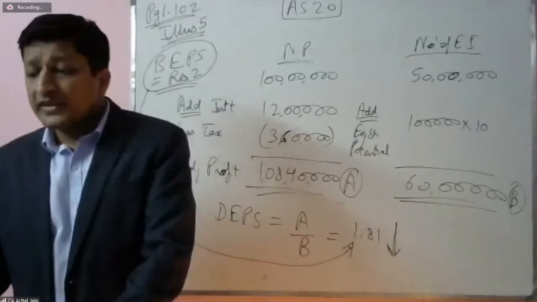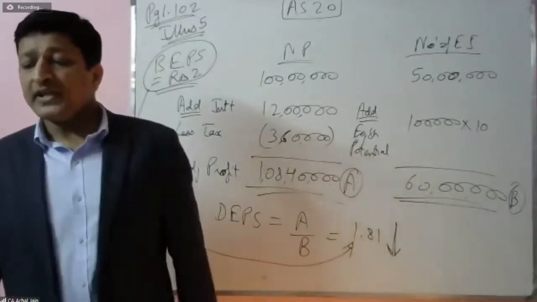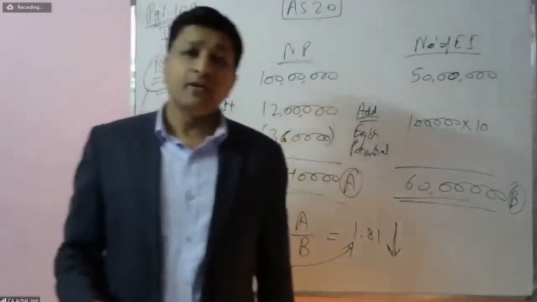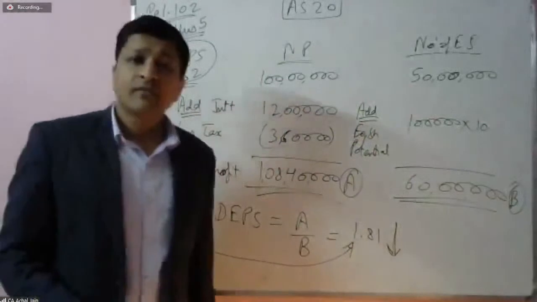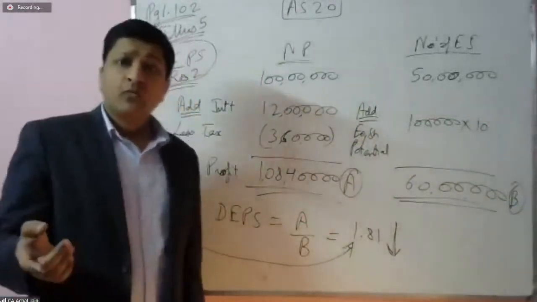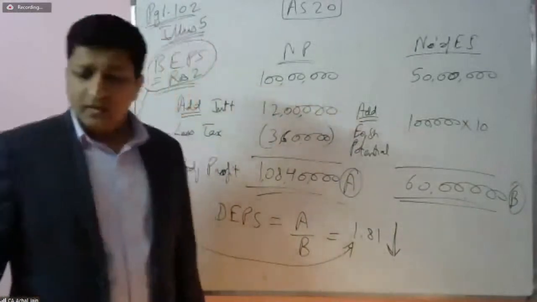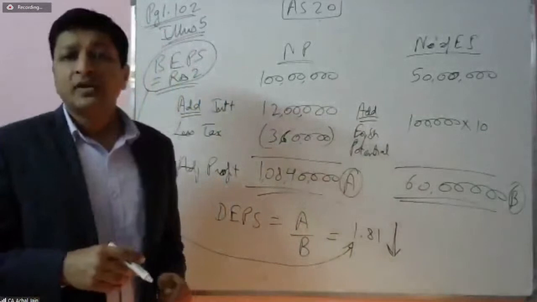Ria is asking, sir, when the data for 1 year is given, how do we know if the EPS is dilutive or anti-dilutive? Because for checking whether EPS is dilutive or anti-dilutive, you don't need the data for 2 years. We need only the basic earning per share. Because when would it become dilutive?